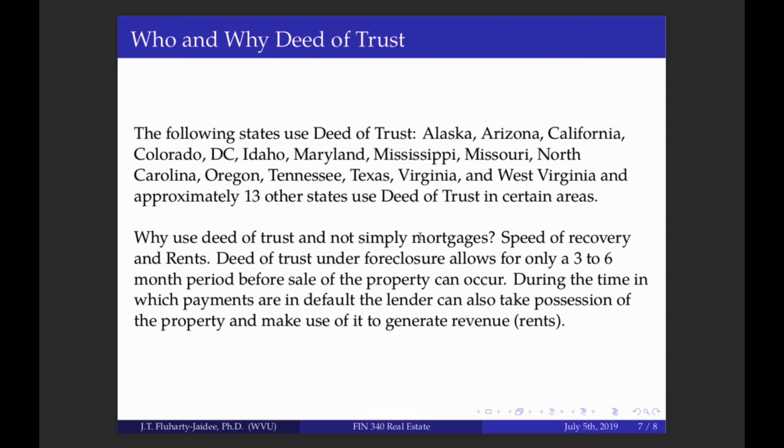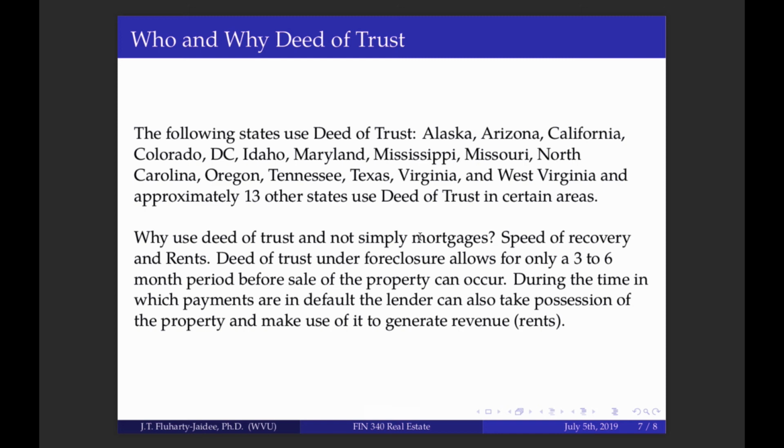So the other item that can occur under deed of trust is that the mortgage company is allowed to take possession of the property for non-payment. And if you're renting that property, they can take possession of those rents. So the renter's not kicked out. Simply the bank is now the one who accepts the rent payments and uses them to pay down the remaining balance of the mortgage. So this is called assignment of rents.